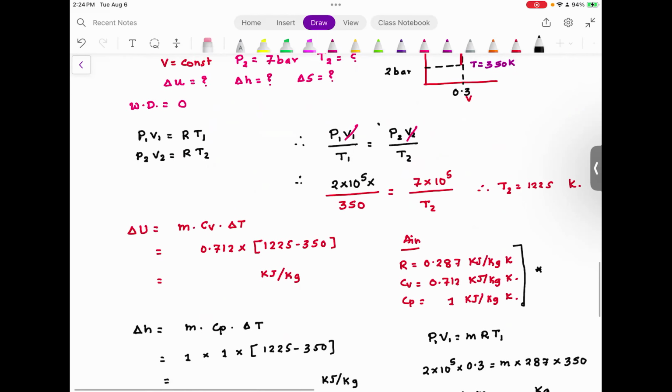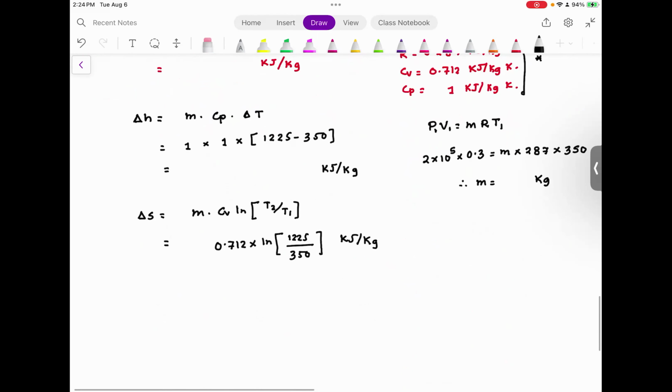Okay, now I'm going to solve the next problem. Problem 4.2. A rigid tank of 0.2 meter cube. Understand this tank is rigid, which means that the tank is not changing shape.